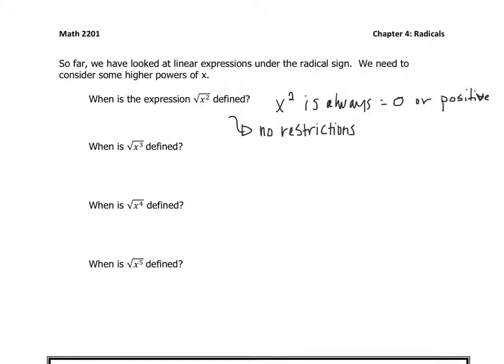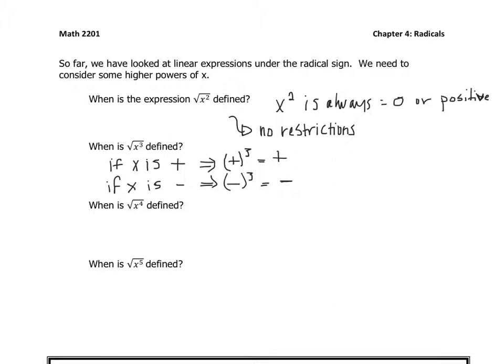Now when you get to x cubed under the root sign, if x is positive, that means you've got a positive number cubed, which is a positive times a positive times a positive, which is going to stay positive. But if x is negative in value, that means you've got a negative value cubed, which is going to end up being negative.